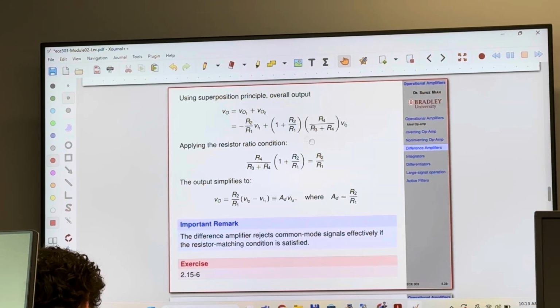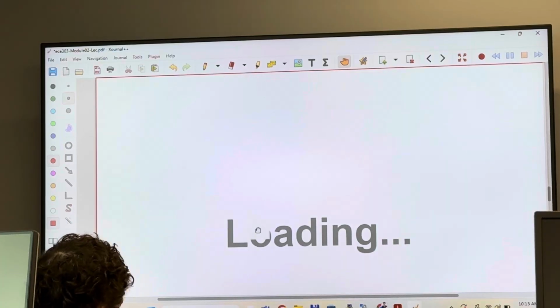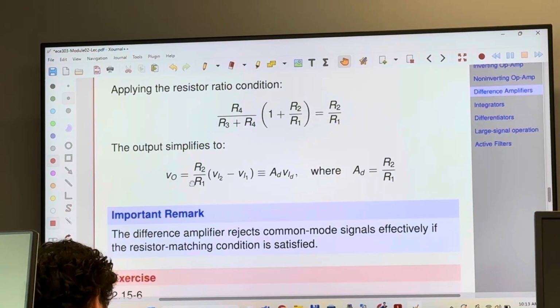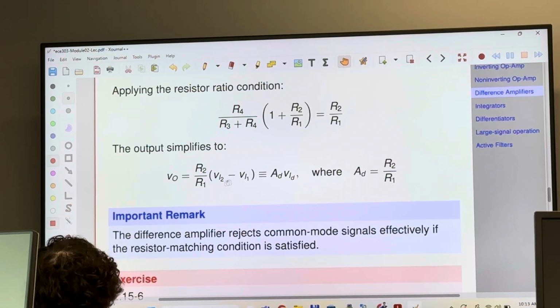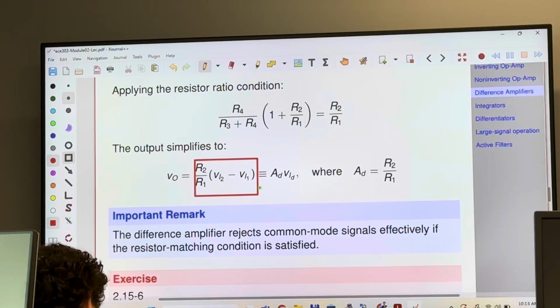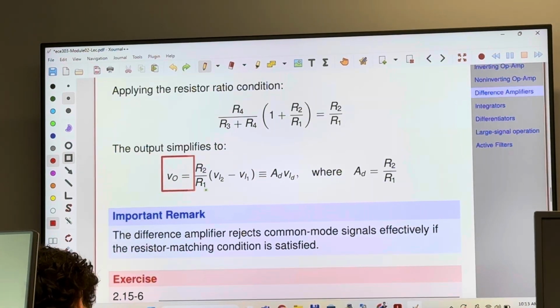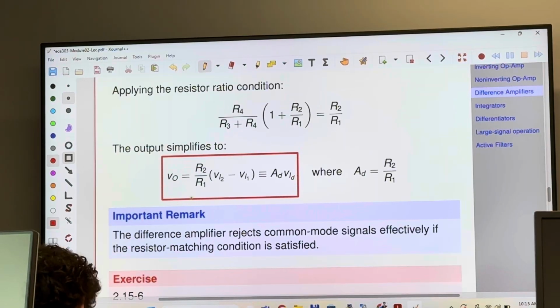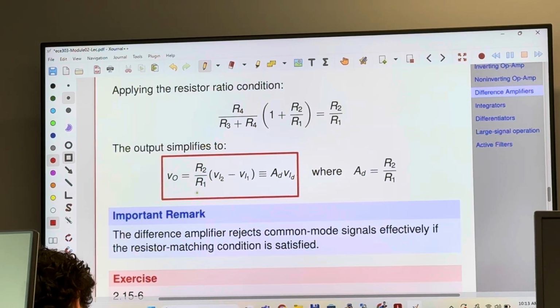So I did some math a little bit, and then we applied the resistor ratio condition. That way you get the output voltage, which is R2 over R1 times Vi2 minus Vi1. This is exactly what I was talking about: output is some gain times the difference between two inputs.